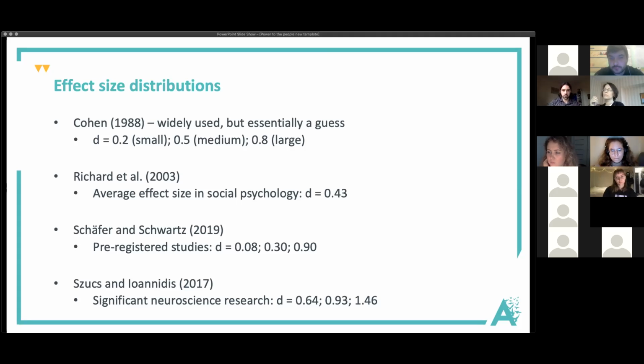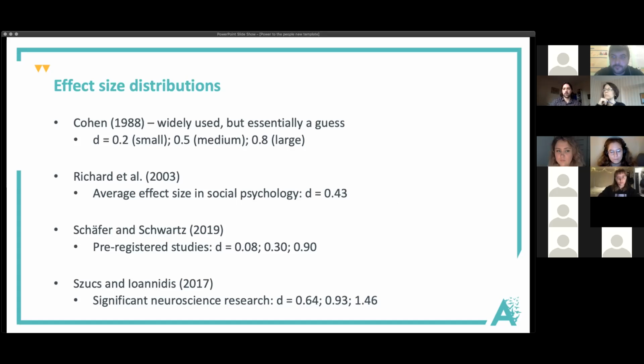Although in this study they break it down into significant and non-significant, and the non-significant results are pretty much half of these values. To emphasize, the important point here is that there are differences depending on the sub-area you're in.